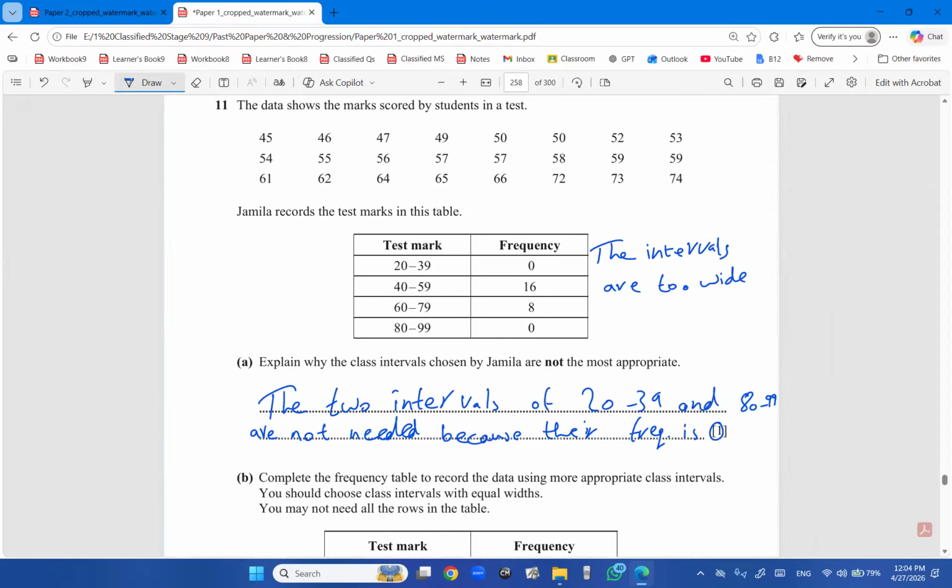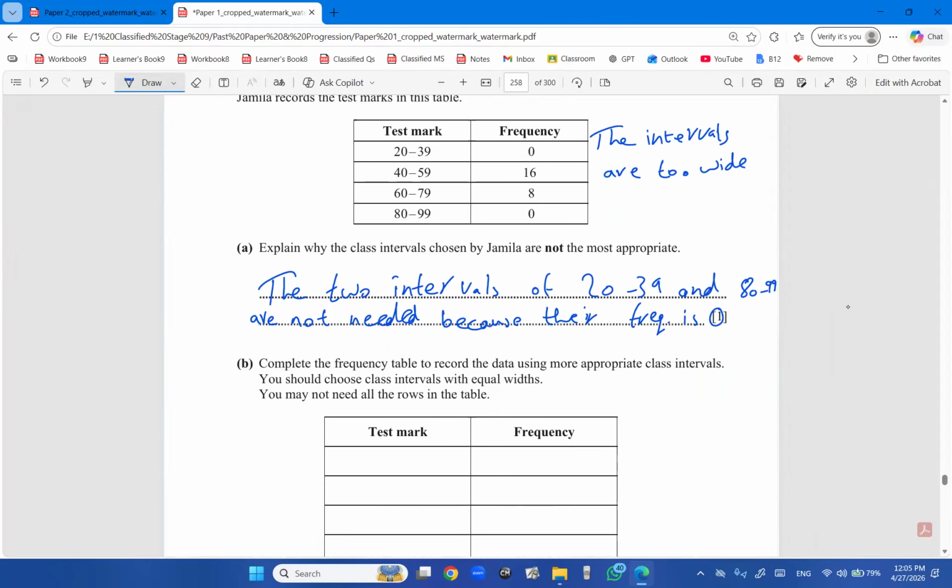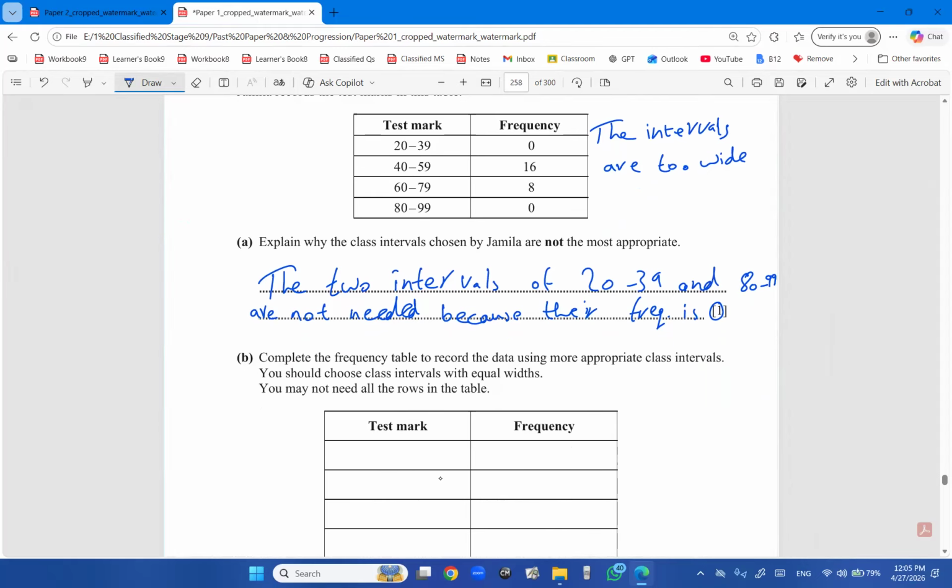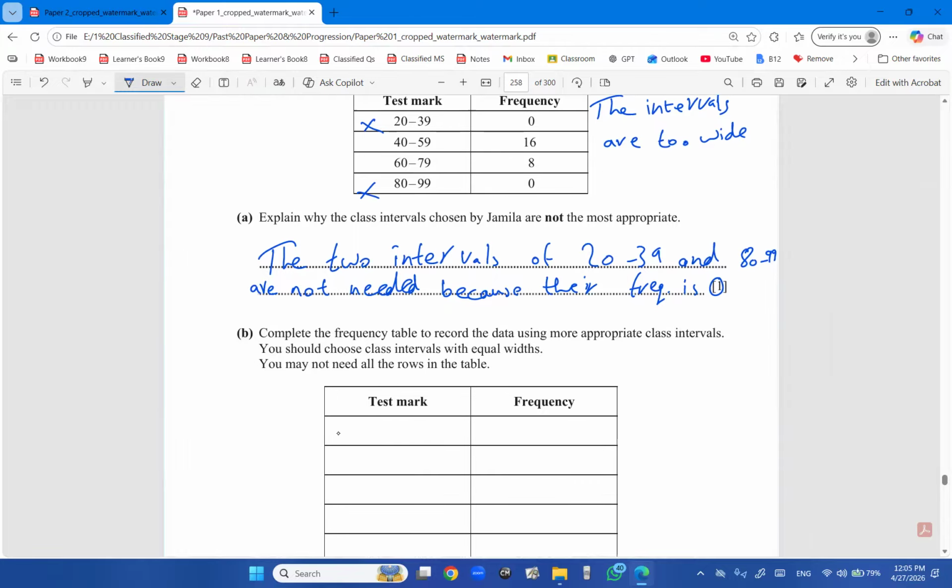They are requesting that you put the data here to make a better table. The first thing is to ignore this; we don't need to include it. All the data that we need is from 40 until 79. And we can break it into smaller intervals, not that wide.